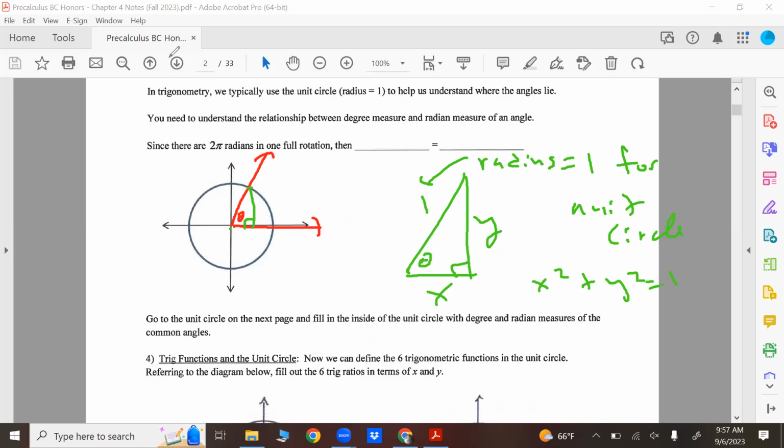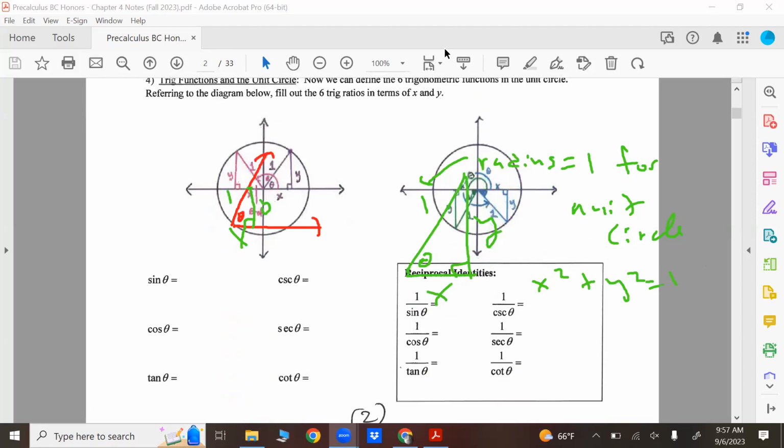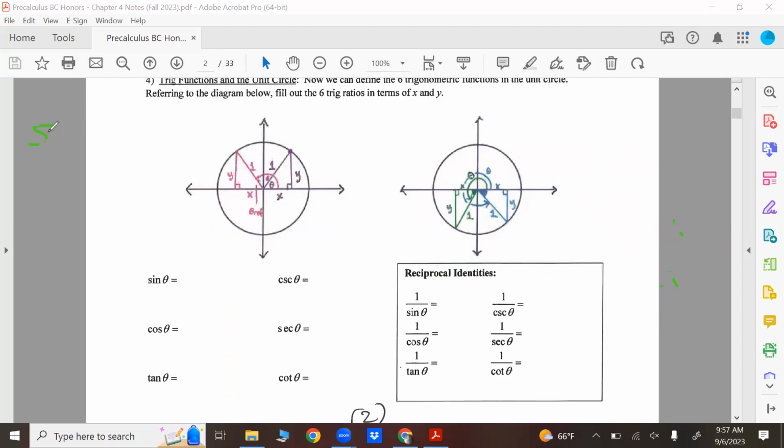Let's talk about SOHCAHTOA. With that knowledge, x, y, 1, and SOHCAHTOA: O over H is opposite over hypotenuse, A over H is adjacent over hypotenuse, TOA is opposite over adjacent.